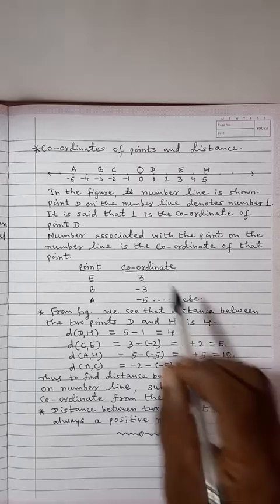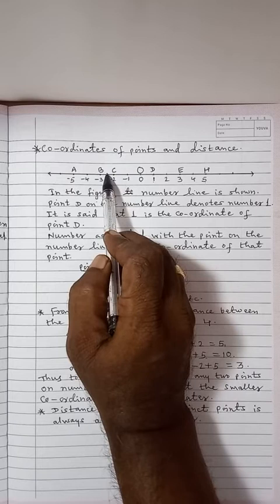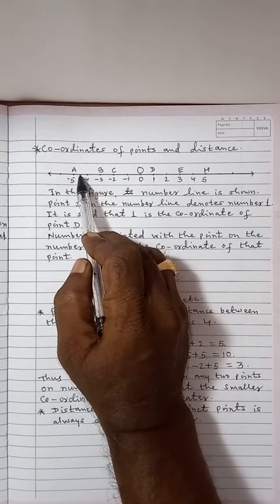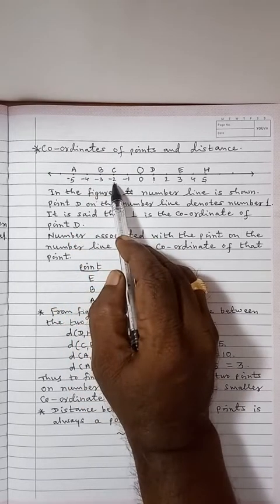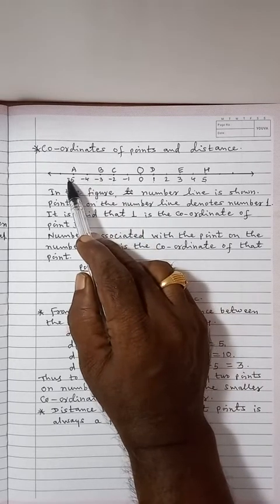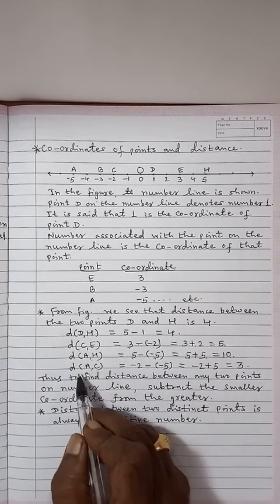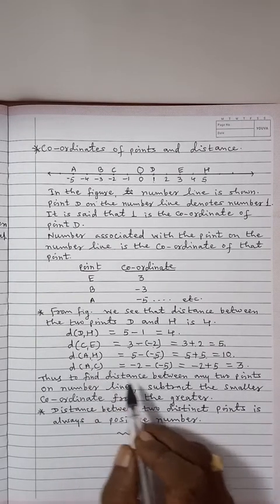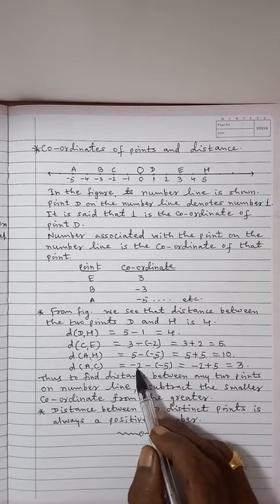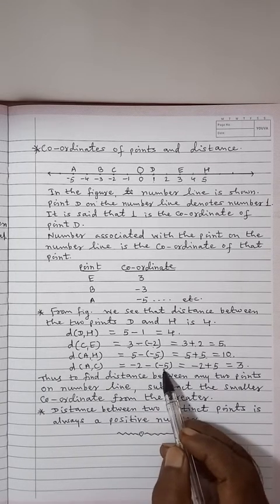Distance AC, we have to find. See the distance: 1, 2, 3, 3 units. Now here, -2 is the greater coordinate and -5 is the smaller coordinate. So distance AC is equal to -2, the greater coordinate, minus -5, the smaller coordinate.